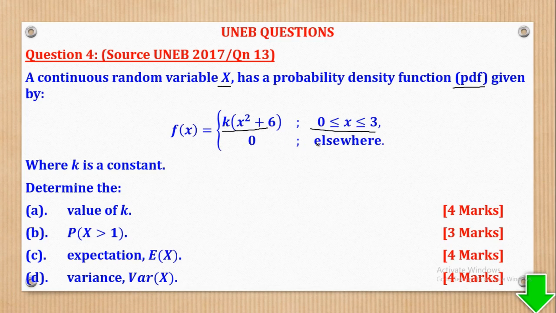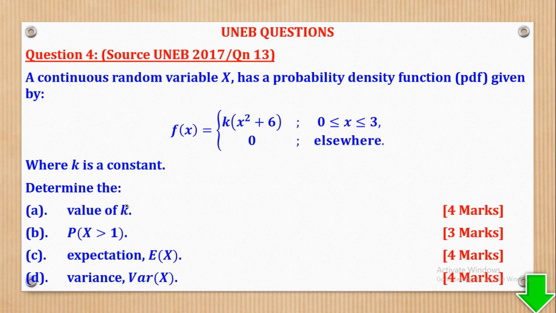Like I said, elsewhere means that any value of X which is not in this range has a 0 probability, or the function is 0. Where K is a constant, determine part A, the value of K; part B, the probability of X greater than 1; part C, the expectation E(X); and part D, the variance Var(X).